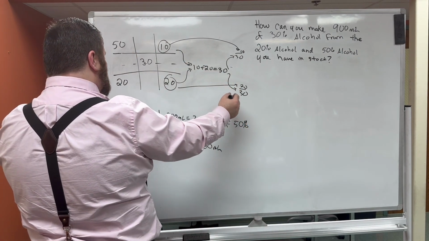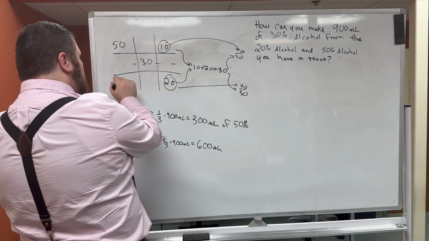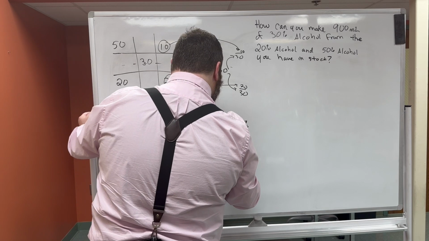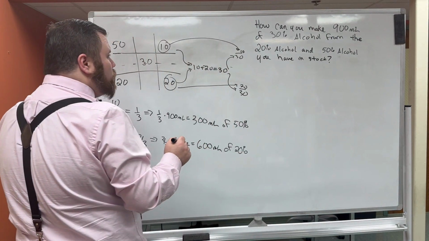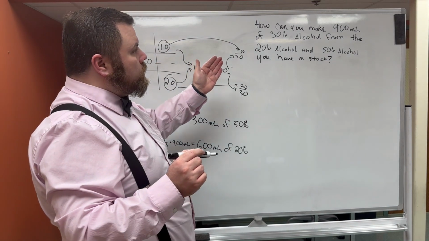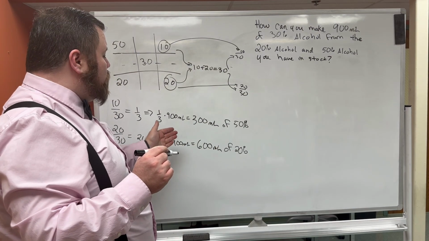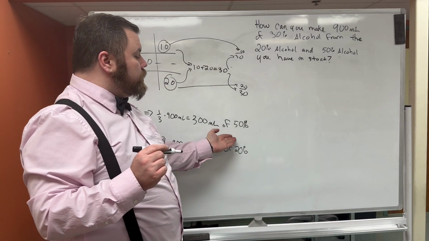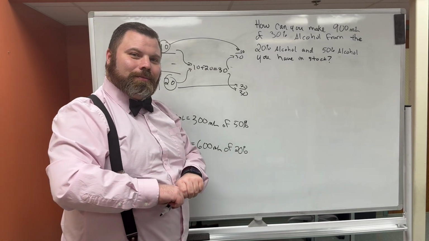Similarly, this 2/3 corresponds to the lower part, in which case the lower part here is 20%. So, in order to compound 900 mLs of 30% alcohol from 20% and 50%, you would need to combine 300 mLs of 50% and 600 mLs of 20%. And there you have it.